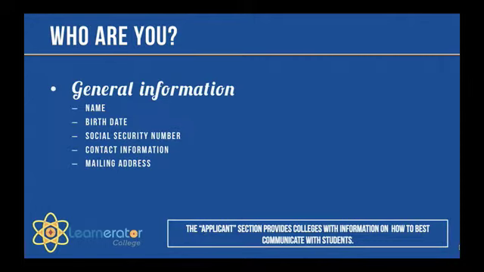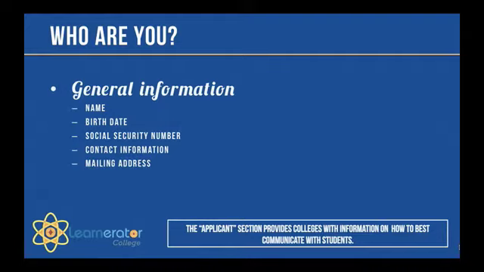The first thing that the Common Application really asks you is, who are you? And what I mean by that is it's asking you for general information. In this part of the Common Application, they're going to be asking you for basic information like your name, your birth date, your social security number, your contact information, your mailing address.